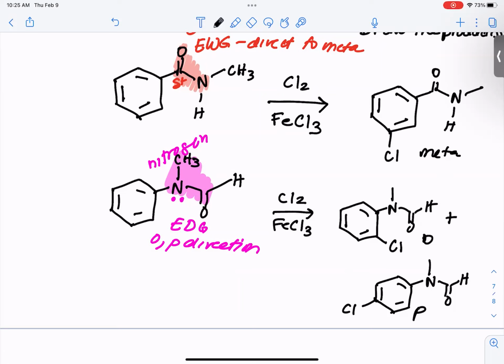But we have to figure out what to do, right? When you have more than one substituent on the ring. So this is when you have to take into account both the activating and the deactivating effects.